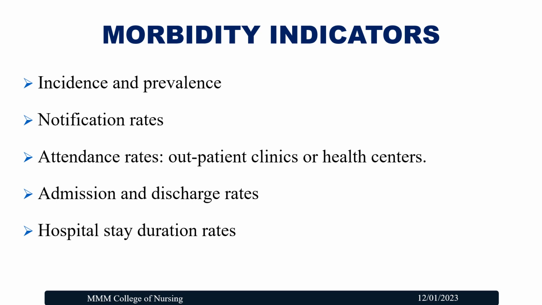And the hospital stay duration rate, that is, if a person comes to the hospital, how many days they stay in the hospital, which depends upon the disease condition. Whether the stay will be prolonged or they get cured within a short period and go home. So those are the morbidity indicators.